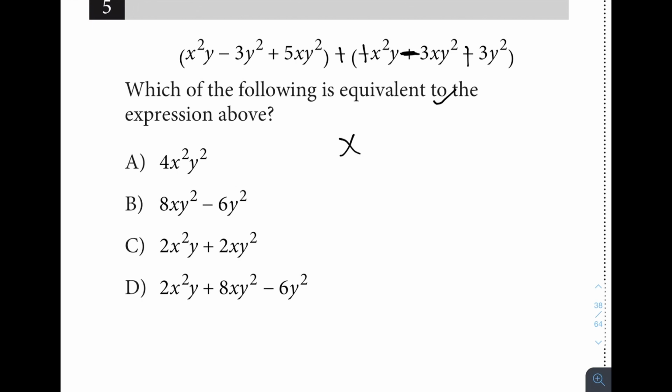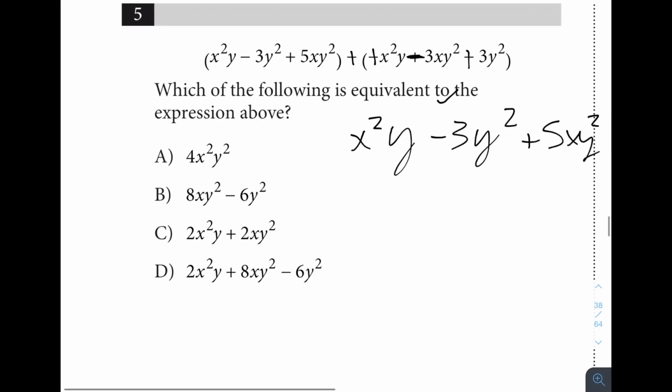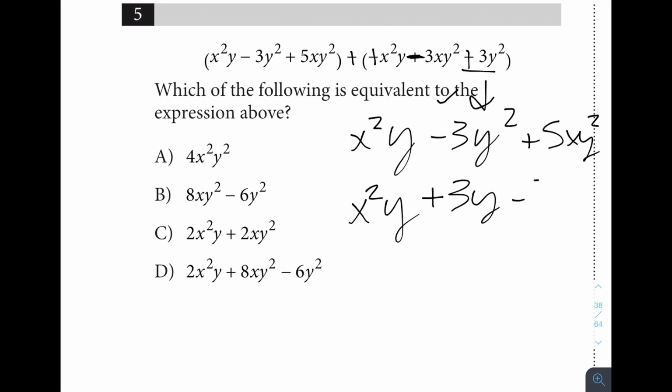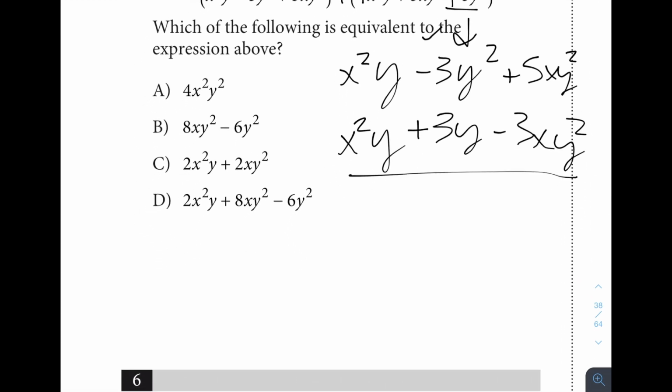So we can take the first one, x squared y minus 3y squared plus 5xy squared, and then add it to this x squared y. And you're going to want to line up the like terms, which will make it easier. So this 3y matches that, so we'll put that here. And this minus 3xy matches that. So now we can just combine them like normal.